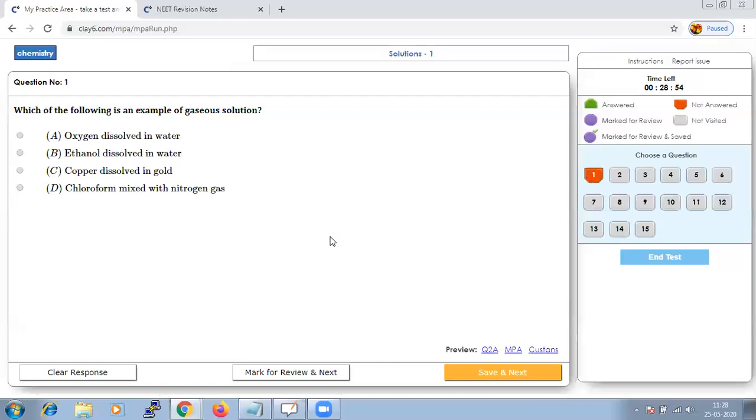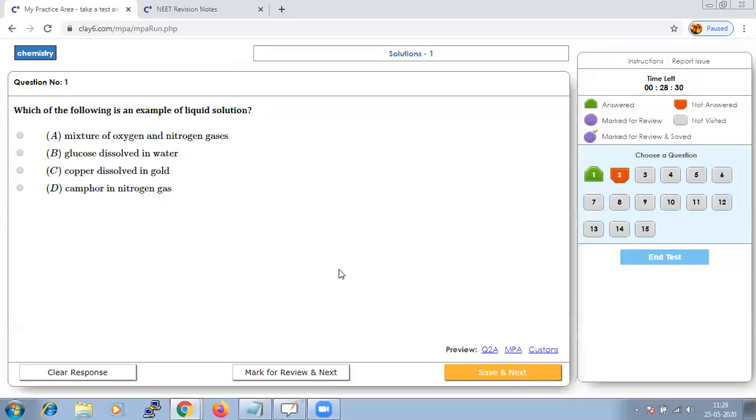From the given options, it should be chloroform mixed with nitrogen, because here both solute and solvent will be in gas phase. Hence our answer D should be the right answer. Let us save that and go to next.